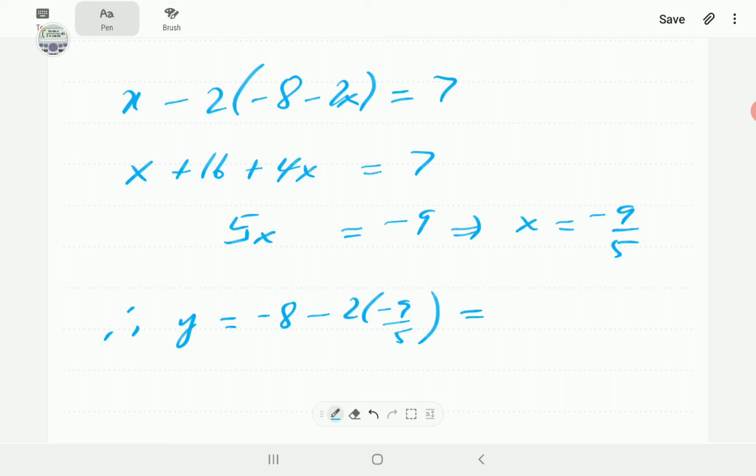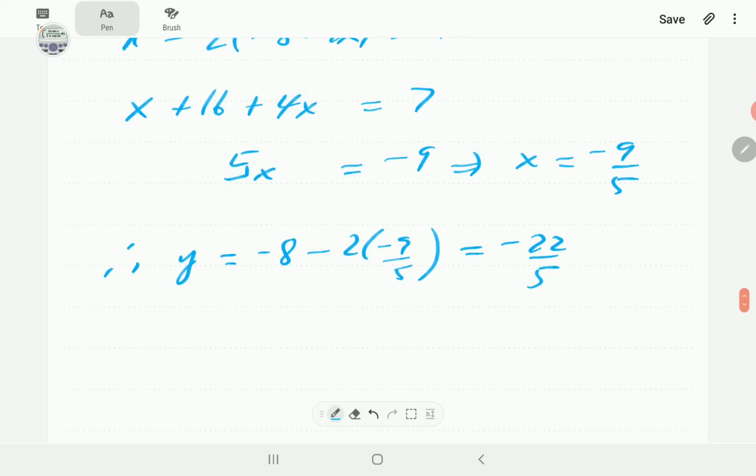This is going to work out to -22/5. So the point of intersection is (-9/5, -22/5).